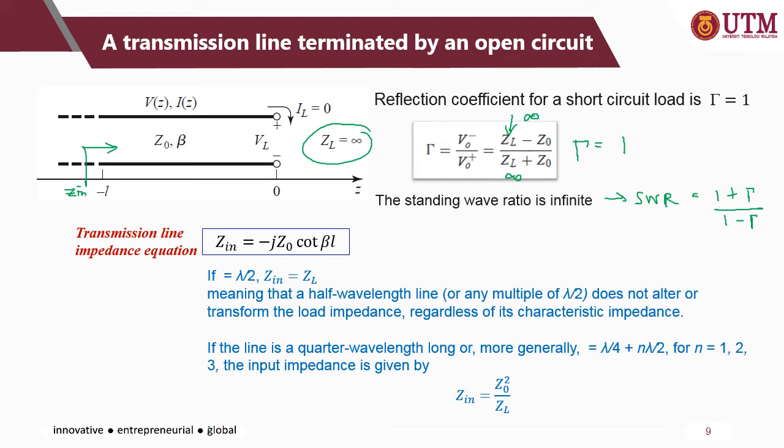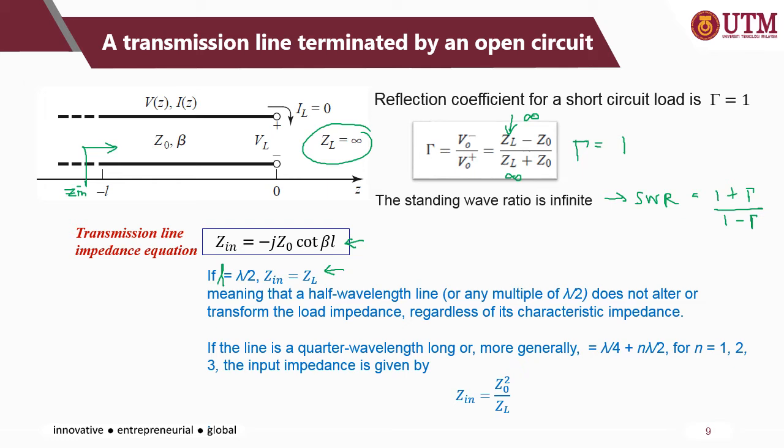Okay, so in terms of the Zin or the line impedance, for a transmission line terminated by an open circuit, the Zin is equal to negative jZ0 cotangent beta L. And again it depends on the L. If L equals lambda over 2, the Zin will be equal to ZL.